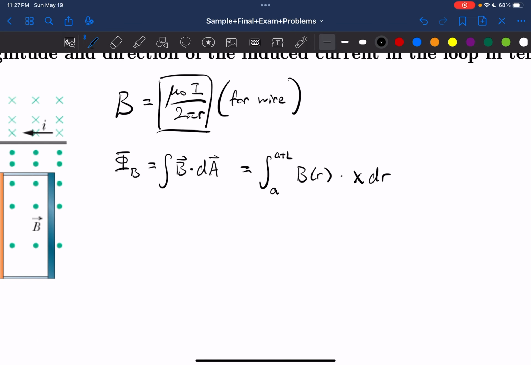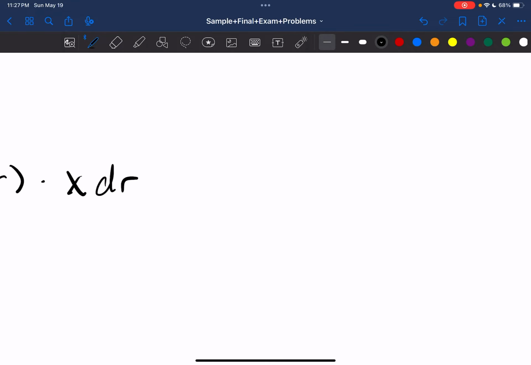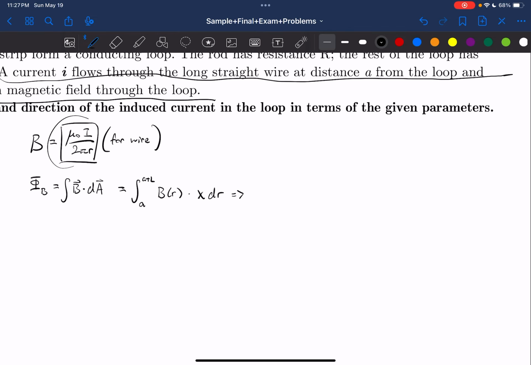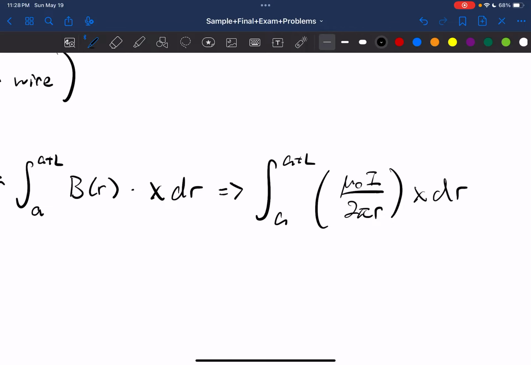Since this is B dr times x, we can then replace B with the given wire value right here. So that's going to be the integral from a to a plus L of mu naught I over 2 pi r, times x dr.